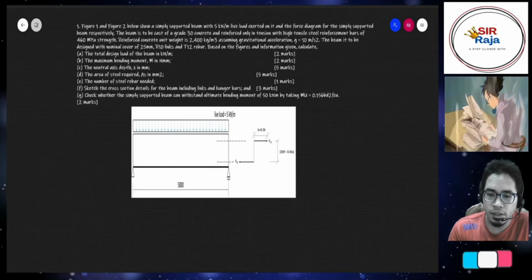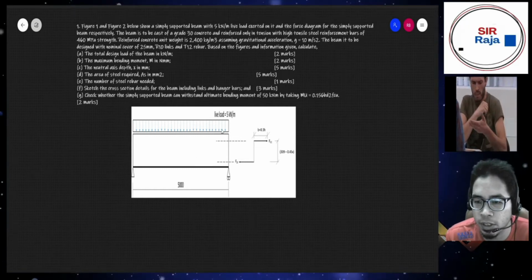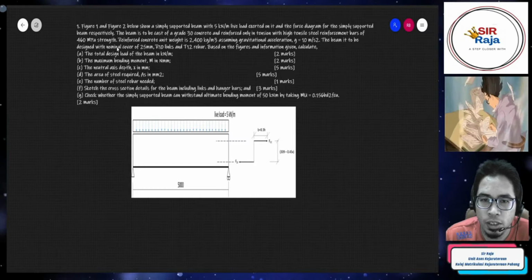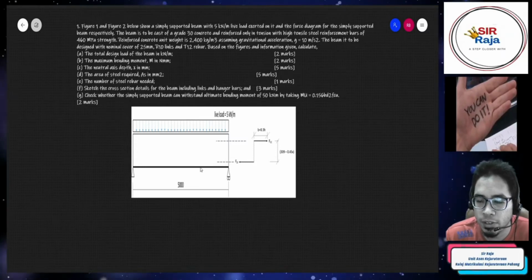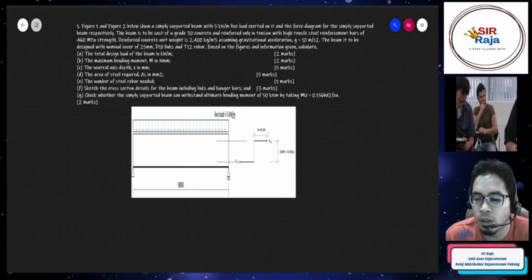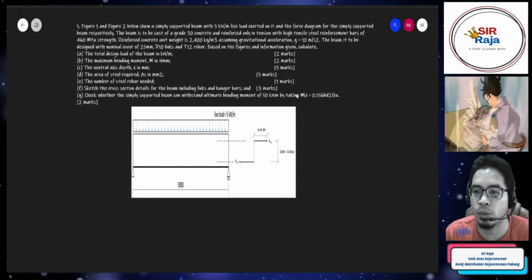Alright, class. So here we can see the question. I'm just going to put it down here, and this is the figure. The first question is to find the total design load of the beam in kN per meter. In order to do that, before that, class, we need to list out all the information given to us so that we are clear on what we have and what we don't have.